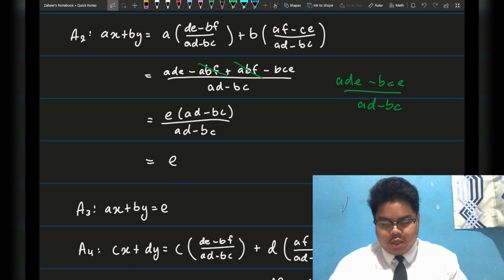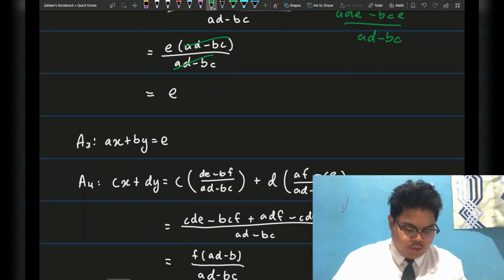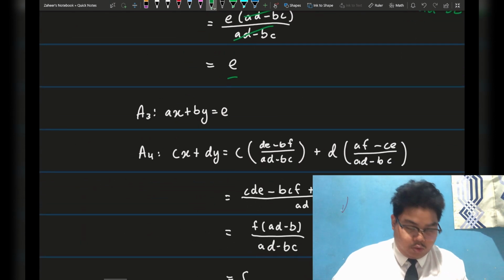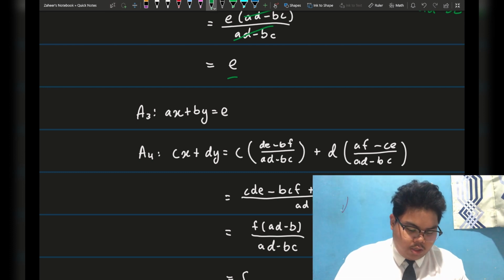In this case, we can factorize the e and cancel the ad minus bc, we can get the e. So we get the first equation, which is ax plus by equals to e.